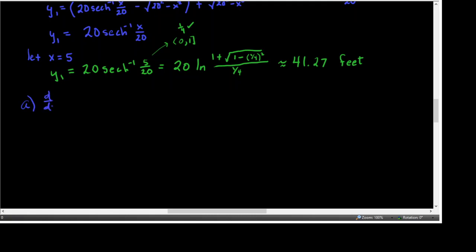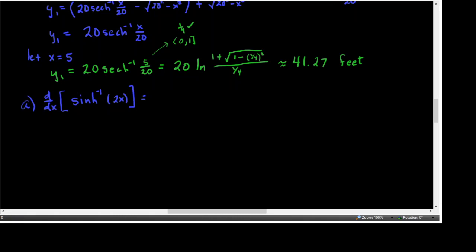So the derivative with respect to x of inverse hyperbolic sine of 2x. Looks like the chain rule is going to come into play.